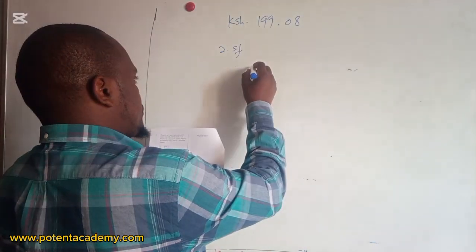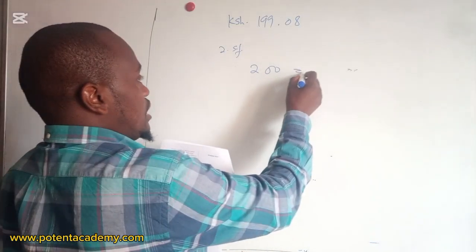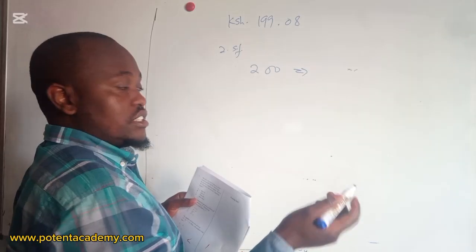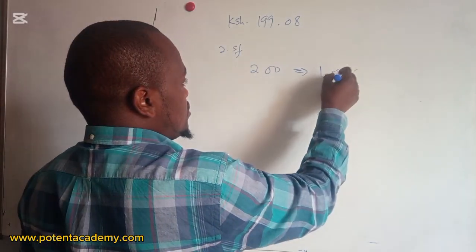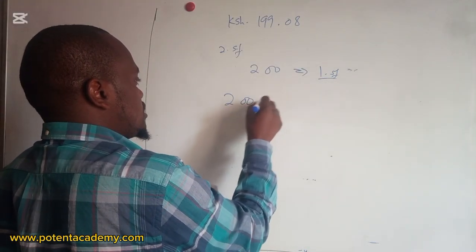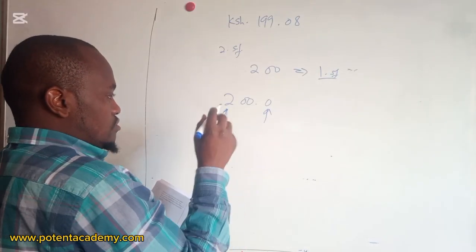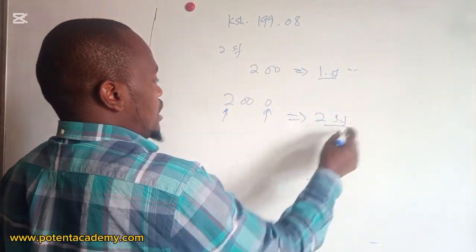So you have 200, zeros after a significant number are insignificant. So you have one significant figure. When you have 200.0, this one is significant. So how many significant figures do you have? 2.